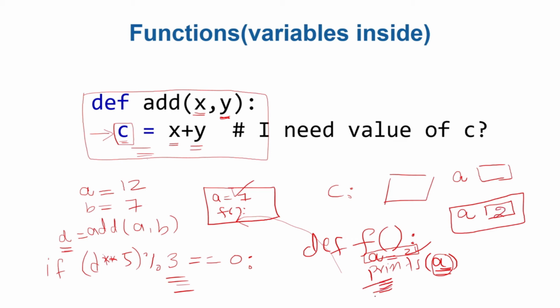After the execution of the function completes, this one is gone from memory, and the 7 will still be available. So it is good to know. And by the way, if a was not defined here and you still called f, then either you will get an error, or this a might be a global variable or available in some package that you have already loaded. In that case, this a will be accessed if it's a global variable or accessible.